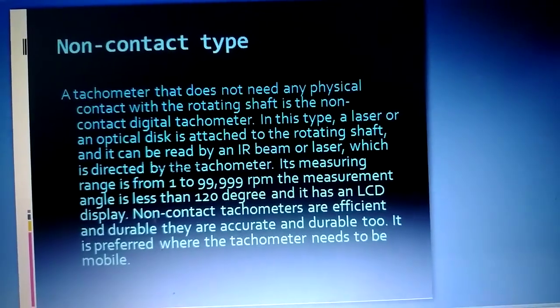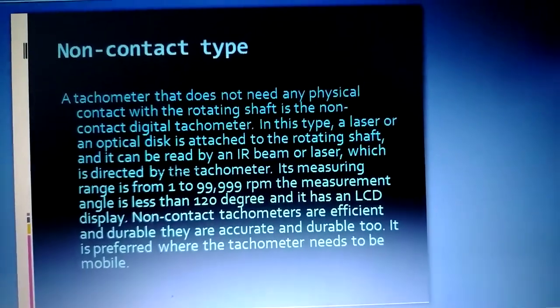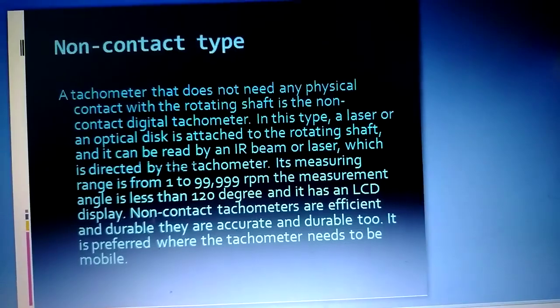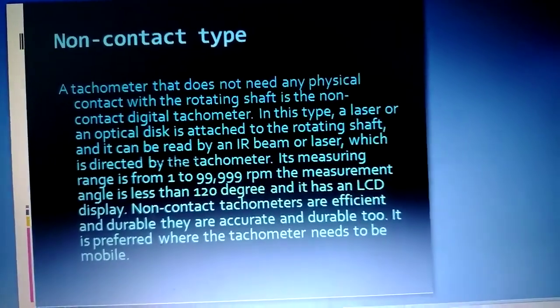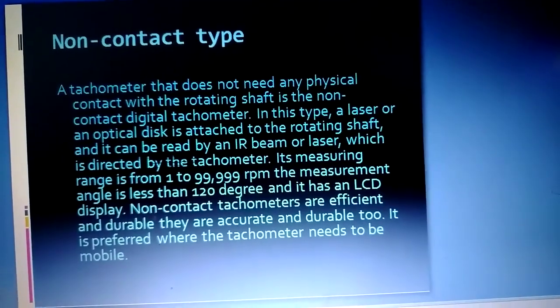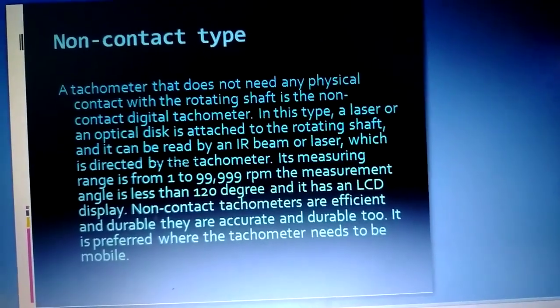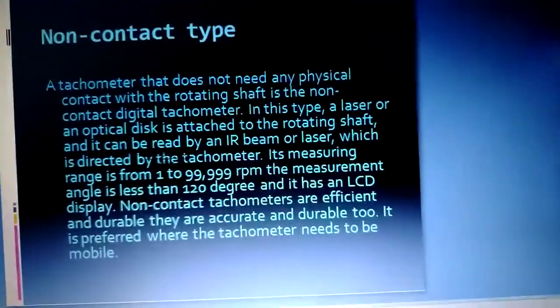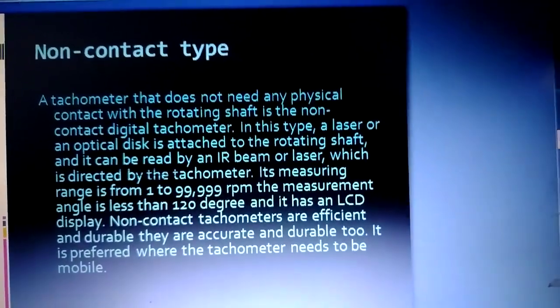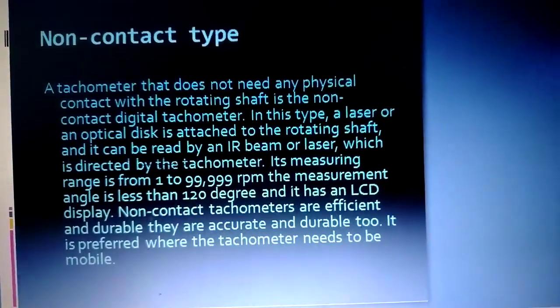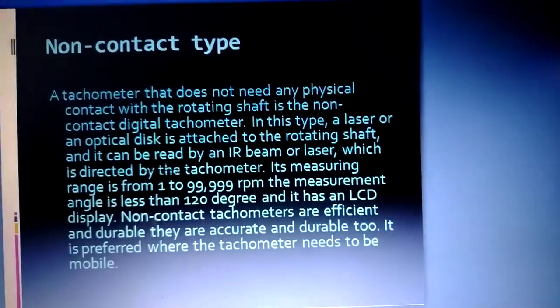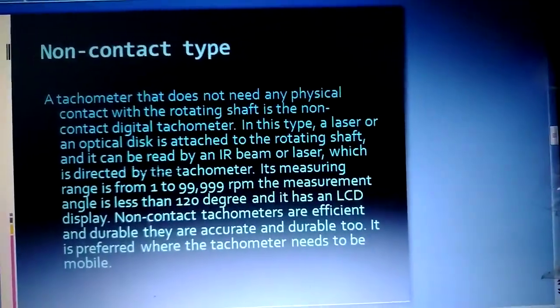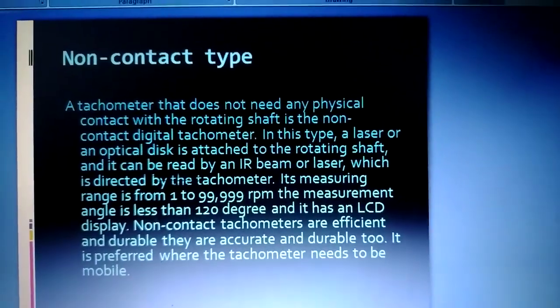It can measure ranges from 1 to 99,999 RPM. The measurement angle is less than 120 degrees and it has an LCD display. Non-contact tachometers are efficient, accurate and durable, so they are preferred where the tachometer needs to be mobile. The best example of non-contact is the stroboscope.